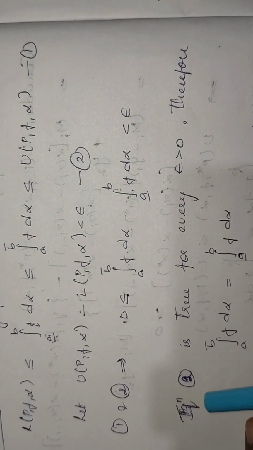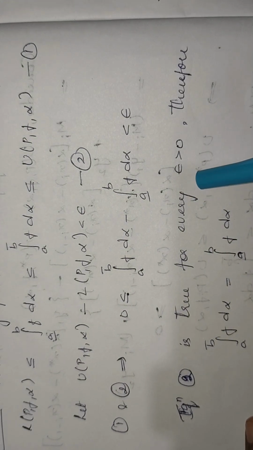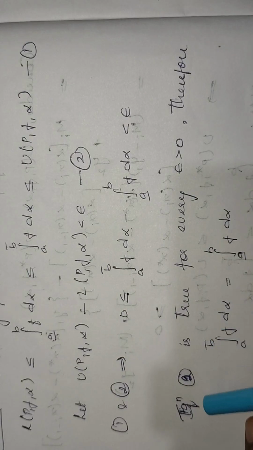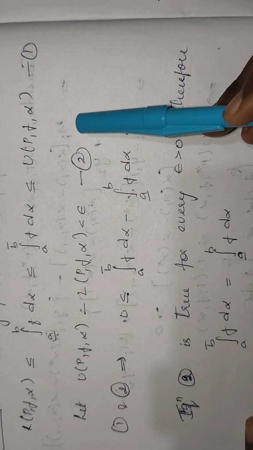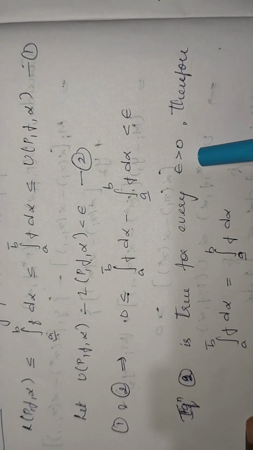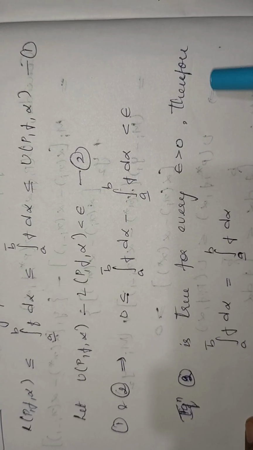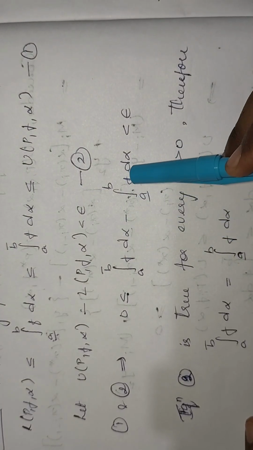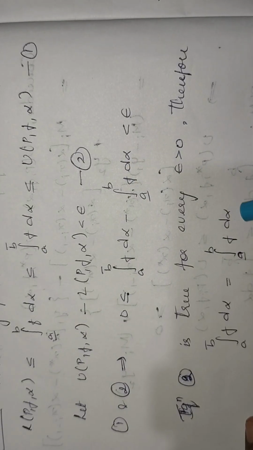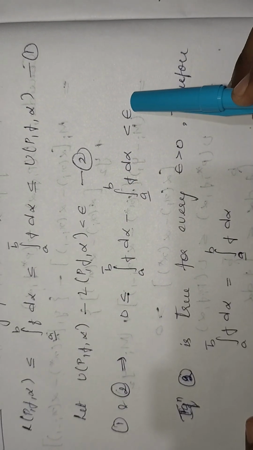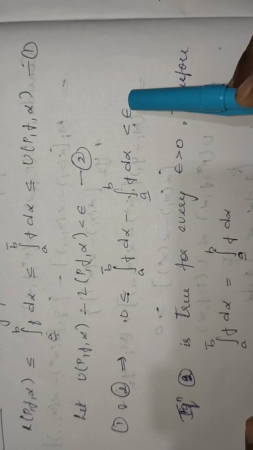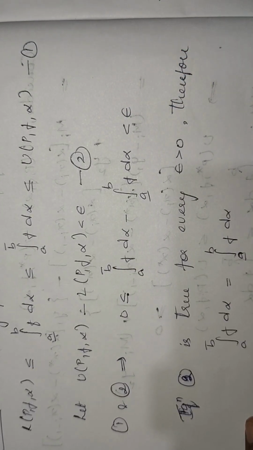And this equation 2 is true for every epsilon positive, meaning epsilon can be chosen arbitrarily. Therefore, this becomes equal to this, because since epsilon is arbitrary, I can choose it as 0.00000001.